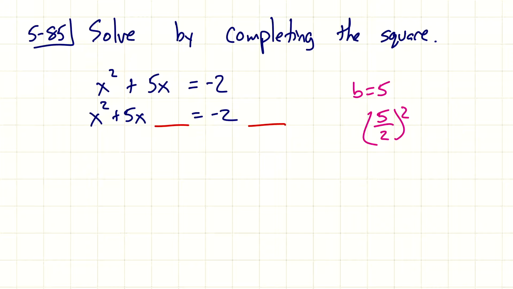So I'll just do it right now. 5 divided by 2 would be 2.5. And so 2.5 squared, right? What's 2.5 times 2.5? Oops. 2.5 times 2.5 is 6.25.